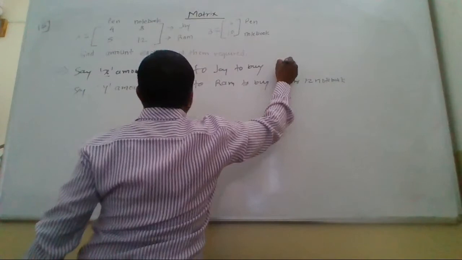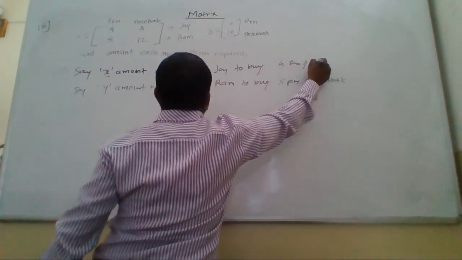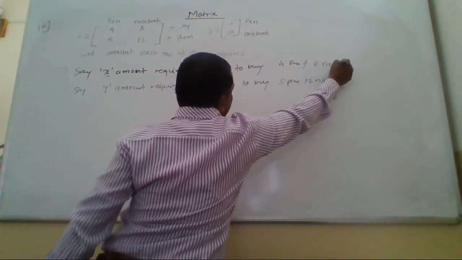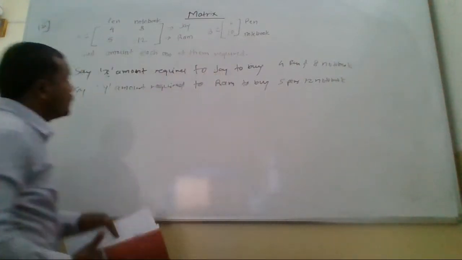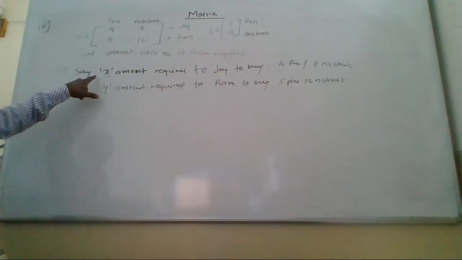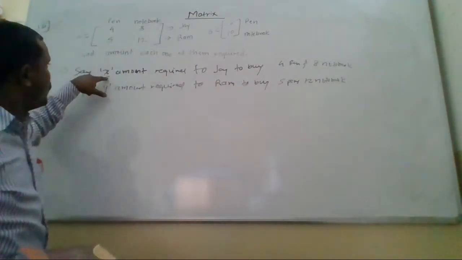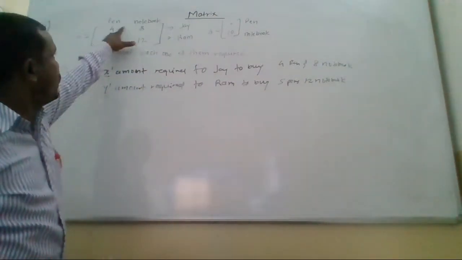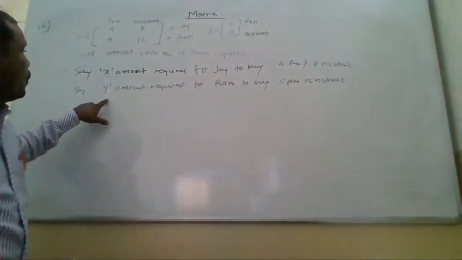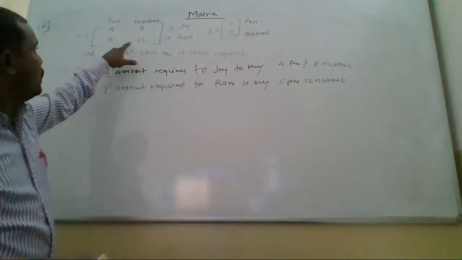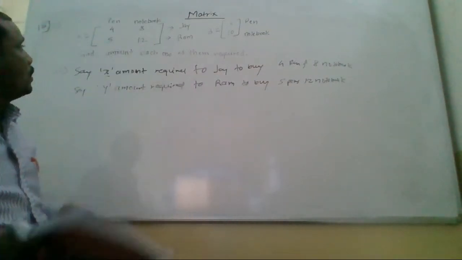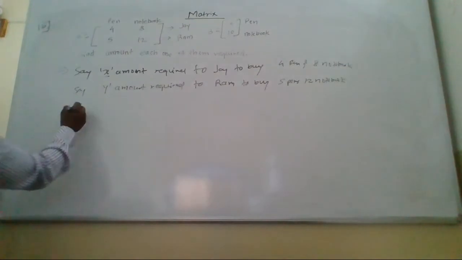Here 4 pen and 8 notebooks means J requires X amount to buy 4 pen 8 notebook, and Y amount required for Ram to buy 5 pen and 12 notebook.